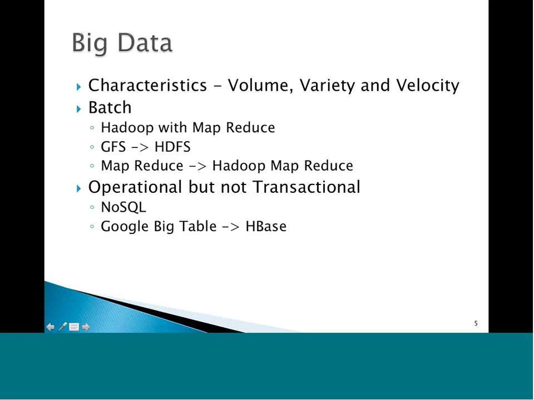To process data in big data in batch, we will talk about Hadoop with MapReduce and GFS. Google published 3 white papers: one on Google File System, second is MapReduce, and third is Bigtable. From Bigtable, they developed HBase.